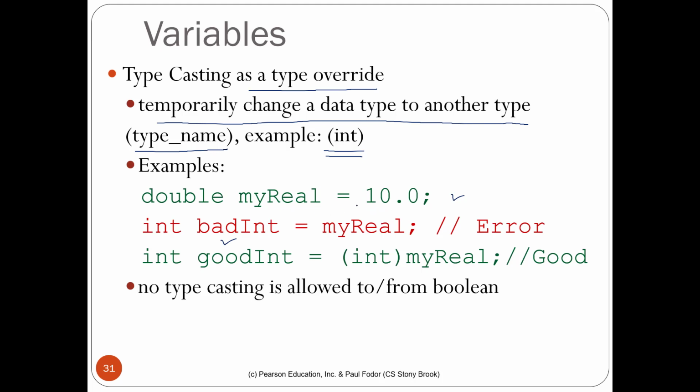Because when you assigned 10 to a double variable, then it was stored as a double, and now you want that to be assigned to an integer. It will not happen implicitly. You will have to do that explicitly. What does that mean? You will have to use casting, right?